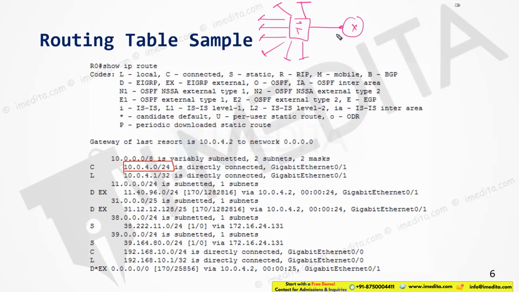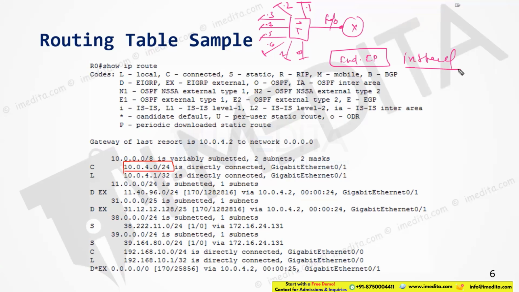But the router is not going to maintain the individual IP information, that if I have to go to 10.1, then where should I go, 10.2, 10.3, and so on. The router is not going to maintain information about individual IPs, that if I have to go to these IPs, then I have to go out of the interface 0/0, for example.